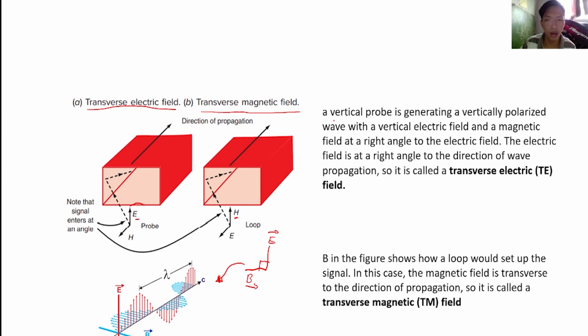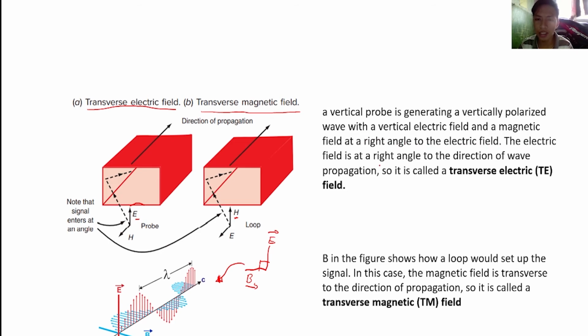So that's why, when analyzing this waveguide, it is usually examined in terms of the electric field and the magnetic field. A vertical probe generates a vertically polarized wave with an electric field and a magnetic field at a right angle to the electric field.